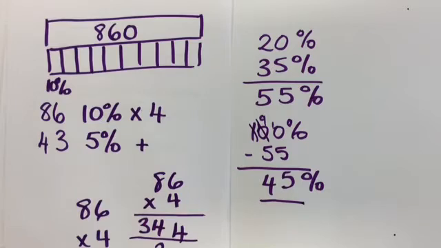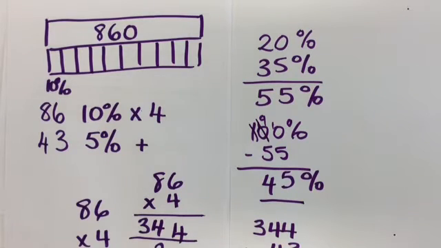That's 344. And then we need to add on the 43. So 344 add 43 should give us 3 plus 4 is 7, 4 plus 4 is 8, and then nothing plus the 3 gives us £387.